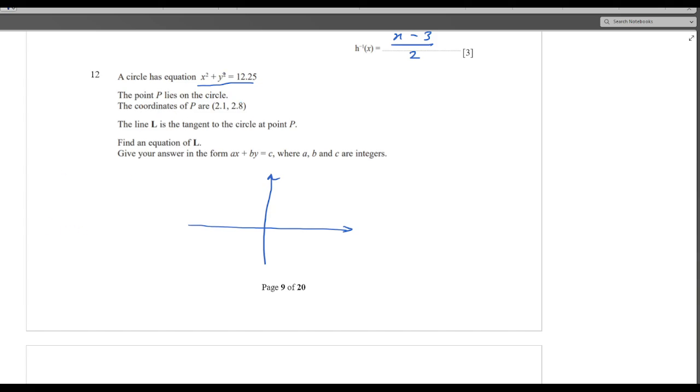For where it cuts the x-axis, we will use y = 0. Now y = 0 will give you x² = 12.25, and therefore the value of x is the square root of 12.25, which is 3.5.